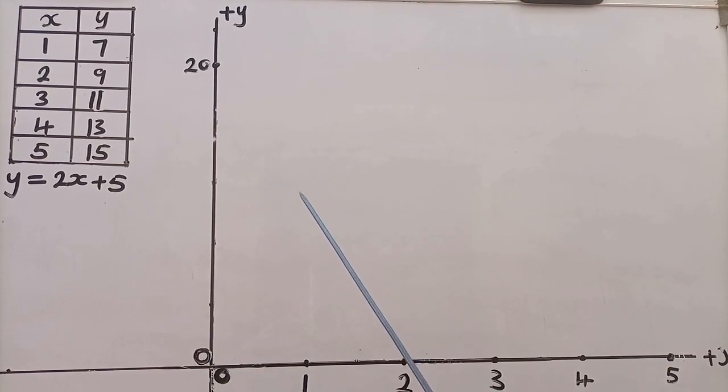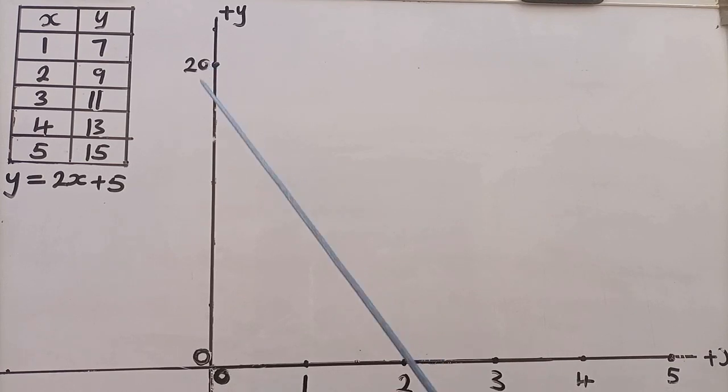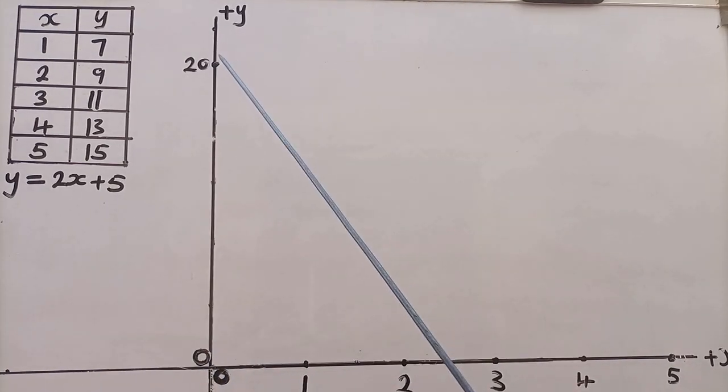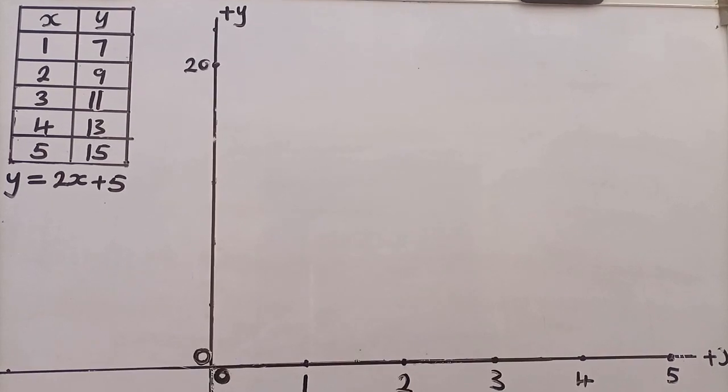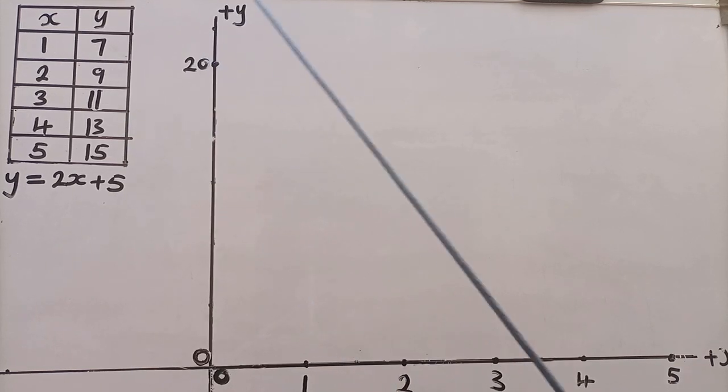Next is, how do I write values between this 0 and this 20? As before, we choose to divide this gap from here to here into any specified number. If I divide from here to here into 2, it means I will have only 2 intervals. That is 10, 10.